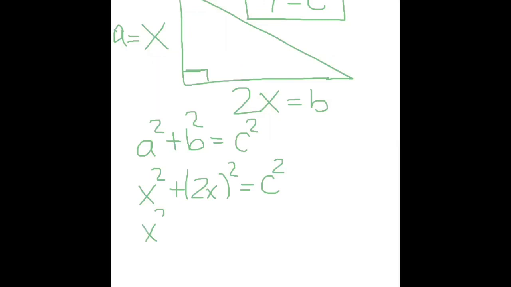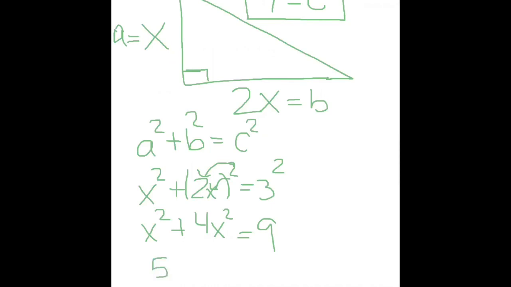X squared plus 2 squared is 4x squared equals C squared. I'm sorry, equals 9. I apologize on that too. 3 squared. So I have x squared plus 4x squared equals 9.